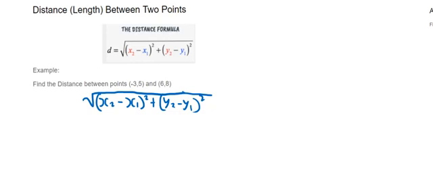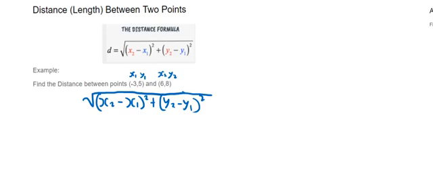Right, so anyway, my first point is -3,5, so I'm going to call that x1, y1. That's my first coordinate, and then, x always comes first, x2, y2 is my other coordinate. Then all you really have to do is sub into the formula.